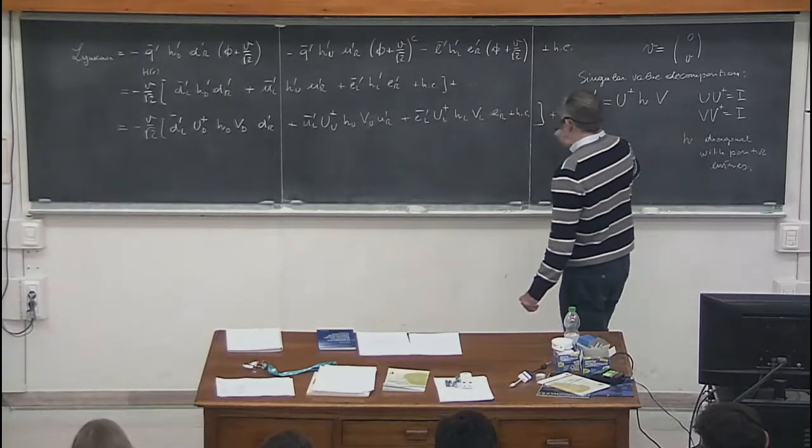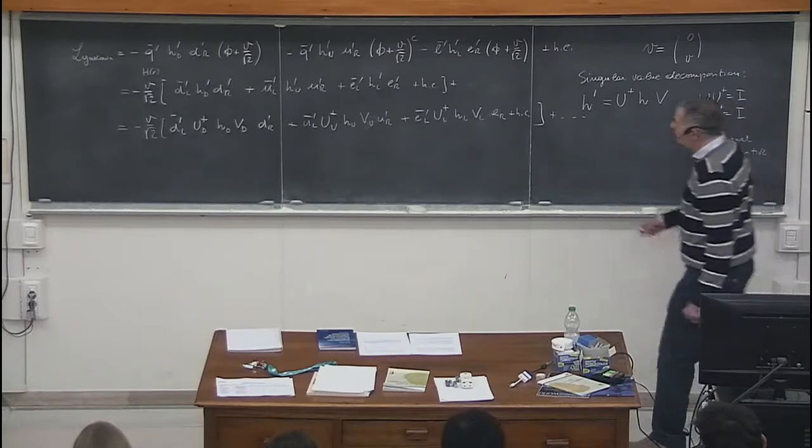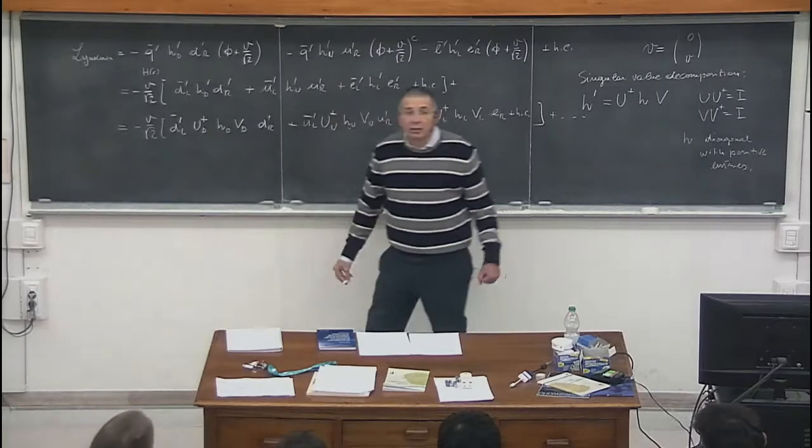Plus Higgs couplings. And now HL, HU, and HD are diagonal and positive matrices.